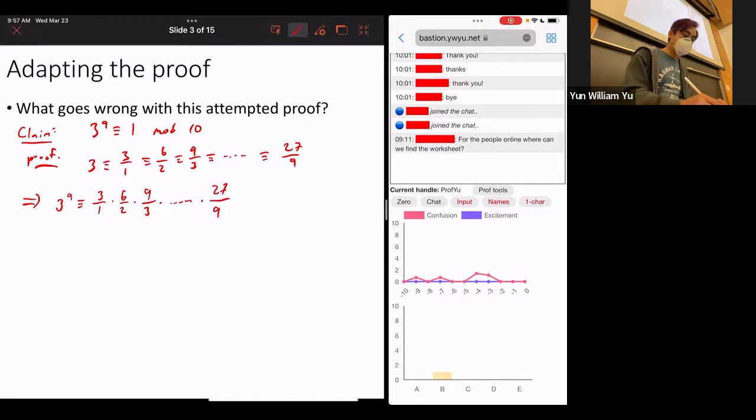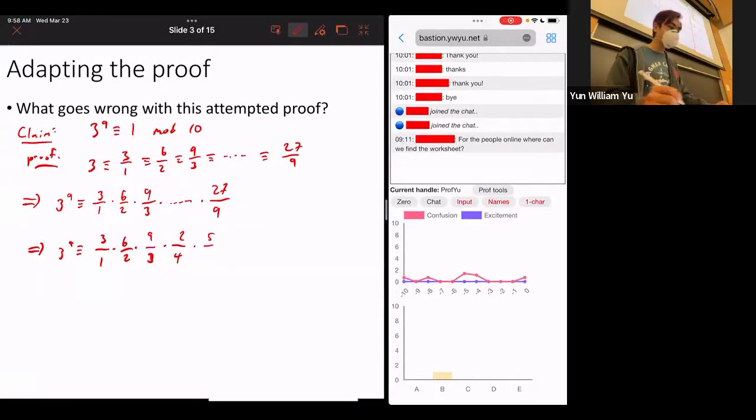Well, this is also the same as saying 3 to the 9 is congruent to 3 over 1 times 6 over 2 times 9 over 3 times, well, you'd have 12 over 4, but you can convert 12 over 4 to just 2 over 4 because we're in mod 10, right? So that's just 2 over 4 times 5 over 5 times 8 over 6, because it's 18 over 6, times 1 over 7 times 4 over 8 times 7 over 9. Okay, so that's just substituting in each of these numbers in mod 10.